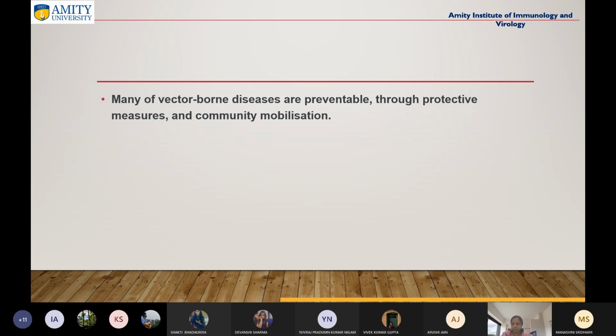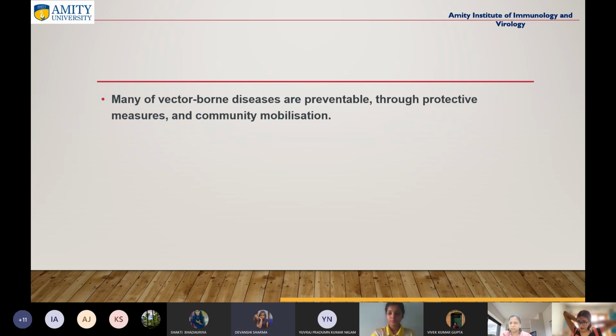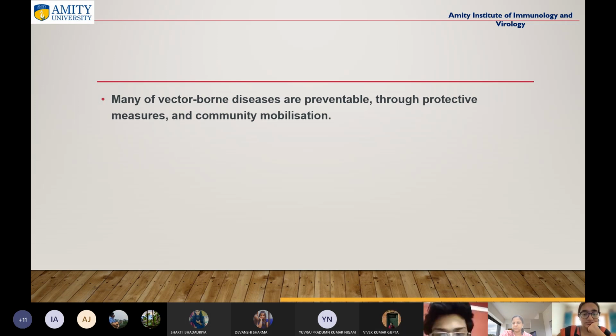Adish Mishra, present, ma'am. Athoiba, yeah, ma'am. Ayushi, yes, ma'am. Devanshi, Ishita, present, ma'am. Janvi, present, ma'am. Kshitij, Manaswani, present, ma'am.